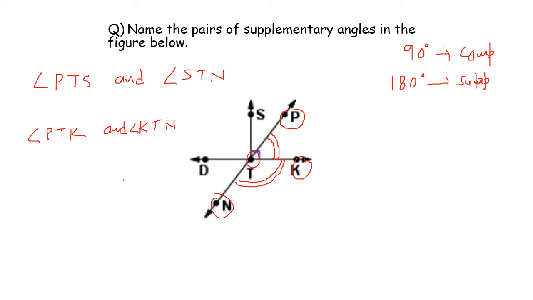Are these the only two answers? No, there can be even more. Let's think about it. Let me erase this part and think of more options here. So okay, let's consider this straight line DK. So here also this angle and this angle are supplementary to each other.